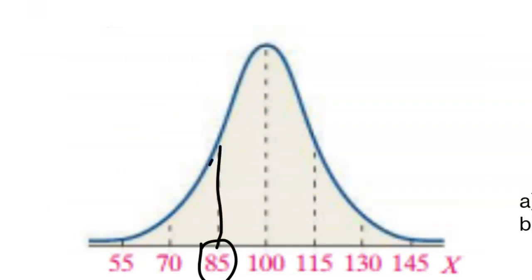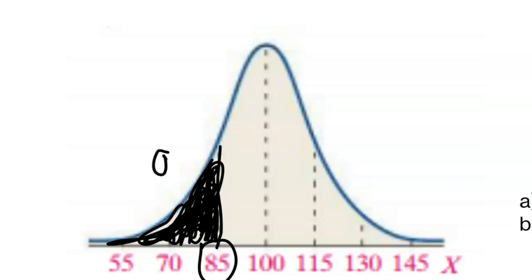That would be everything below 85. So imagine that's shaded in. I'm just doing it here with my finger. But at most 85 will be this region under the curve right here. Because at most 85 means it goes to 85 and it does not pass 85. Okay. So that was the first part, part A.